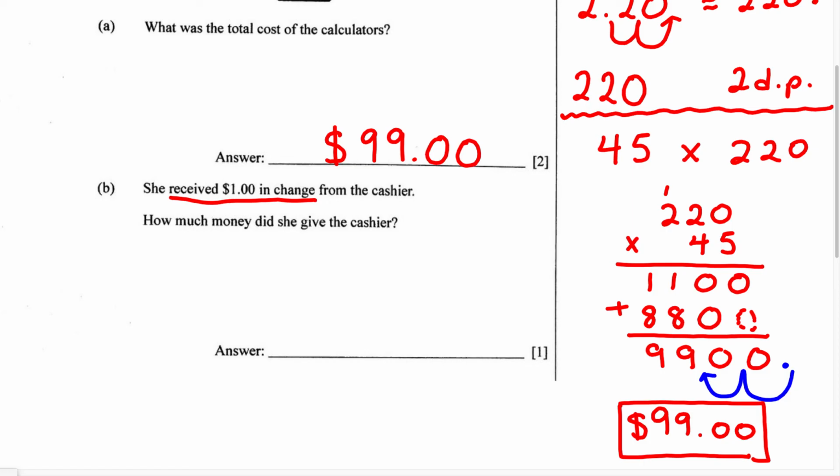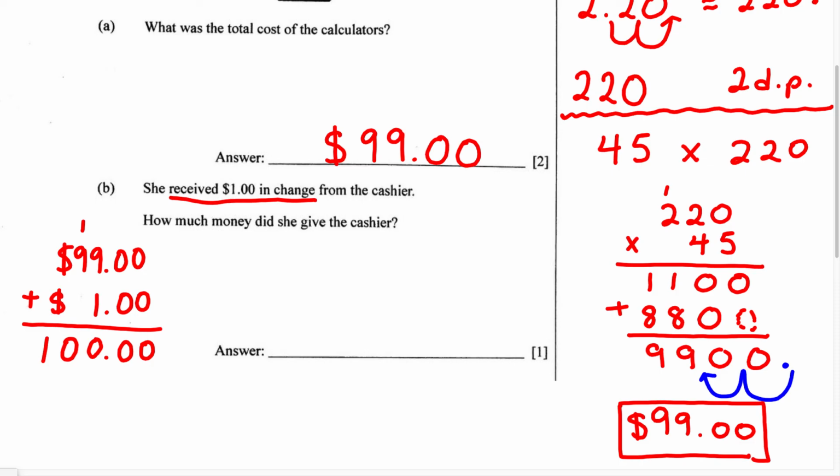So let's do this. We can say $99 plus $1. And when we add this, we know we're going to get zeros for the cents. 9 plus 1 is 10, so we're going to put the 0, carry the 1. 1 plus 9 is also 10.